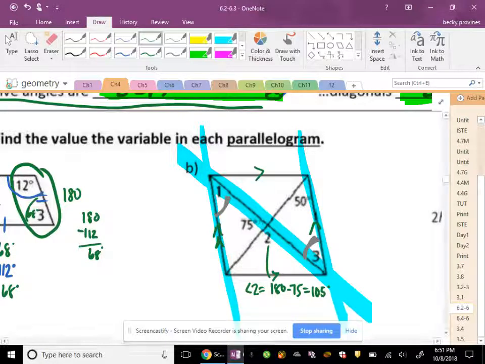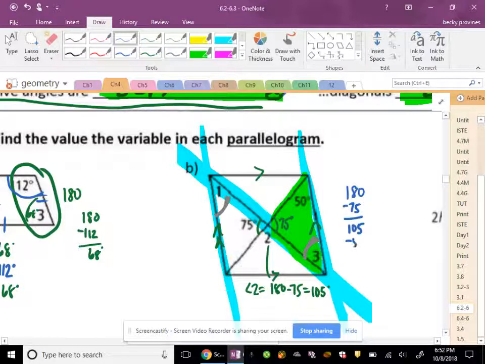Okay, now I see vertical angles here in the middle, so I know this angle is 75 degrees. Now, if we look only at this triangle, we know triangles have a sum of 180 degrees. So let's just subtract away the two angles that are inside this little green triangle. So first let's subtract the 75 to get 105.